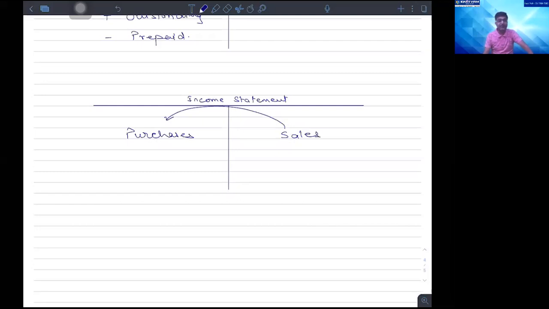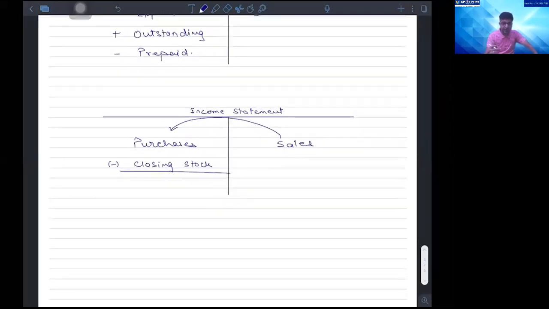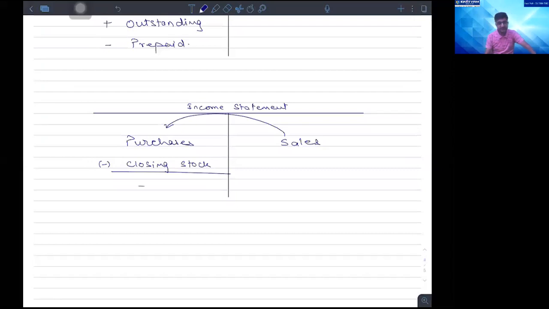And therefore, we treat those particular stock as our asset and reduce from the current year expense. Current year purchase expense में से minus करने के लिए I reduce unsold stock, or I treat this as the closing stock, right? And the net purchases will come in your trading account, in your income statement, whatever is the net purchase.